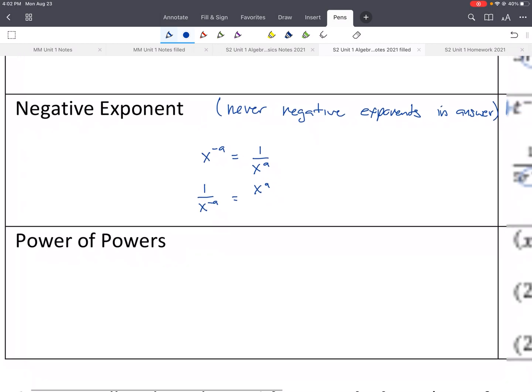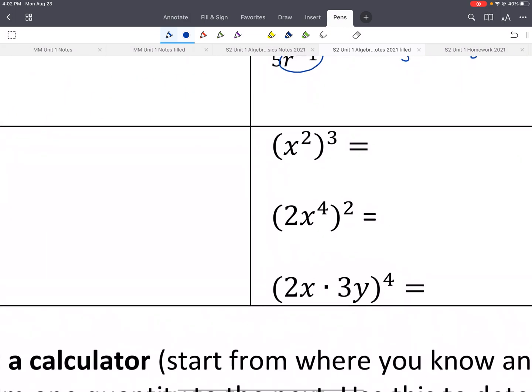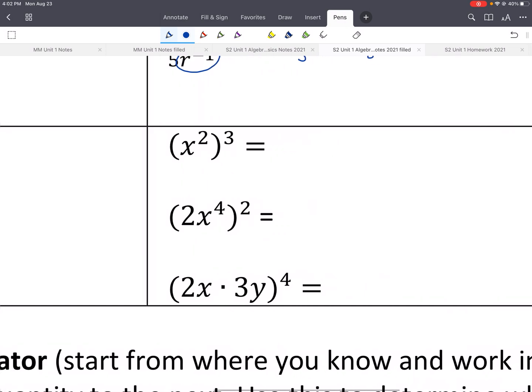Right? Now we have power to a power. So what happens when we have a power to a power, like an exponent on top of an exponent? Well, let's figure this out. Again, the exponent tells us how many times to multiply the base. So this would be our base. And we can write x squared 3 times.